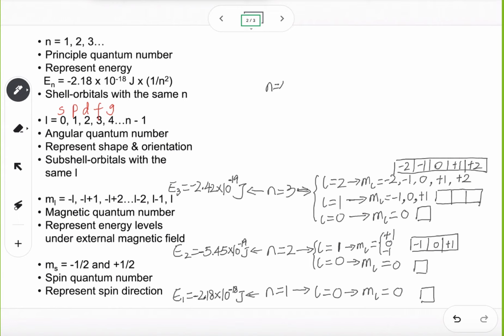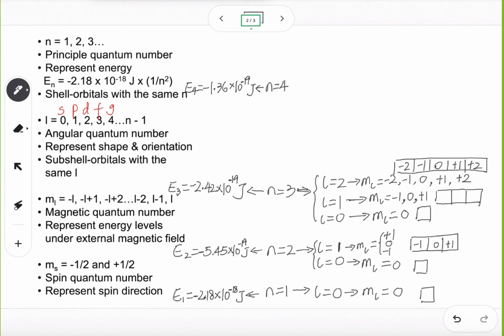When n equals to 4, if you use this equation to calculate the energy, that gives you E4 equals to negative 1.36 times 10 to the negative 19 joule.